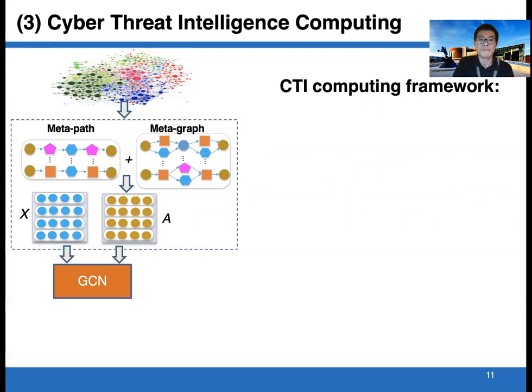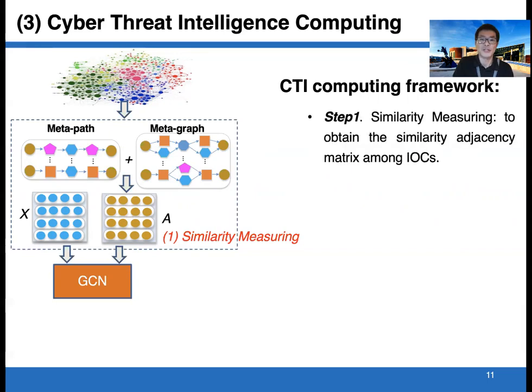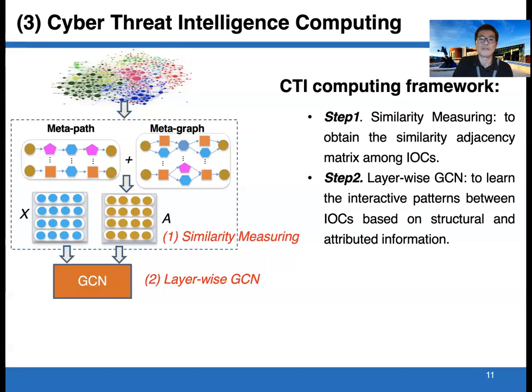More specifically, step 1, we do similarity measuring, which aims to obtain the similarity adjacency matrix between any 2 IOCs based on different metapaths and metagraphs. In step 2, we mainly perform a layer-wise graph convolutional network to explore the interactive patterns between IOCs. This can more effectively characterize different types of IOCs based on structural and attributed information.